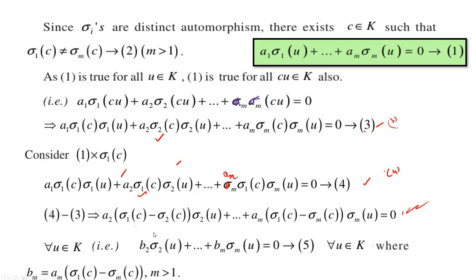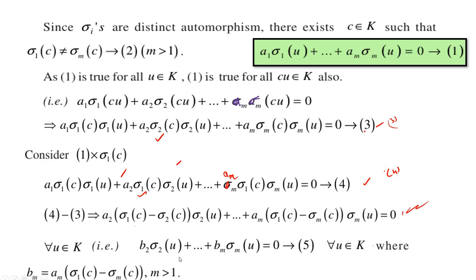Now in this, Bm stands for what you have here, and remember that this is non-zero, and by 2 this one is also non-zero. So when your m is strictly greater than 1, what all scalars you have in this relation, all of them are non-zero.